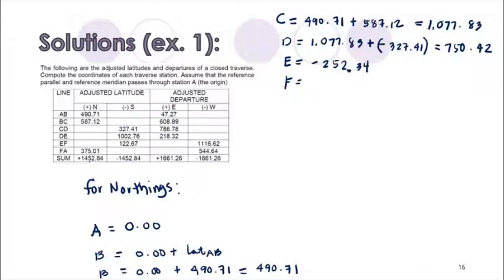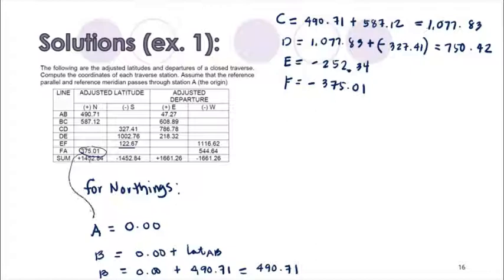And then you have another that is EF, so it's still negative 122.67, and then you have a negative 375.01.